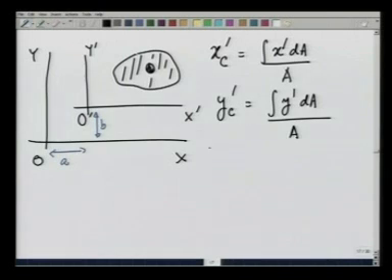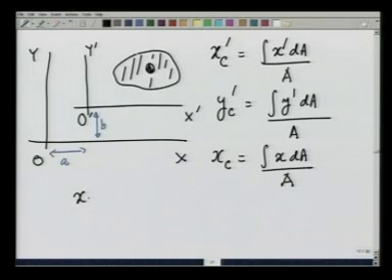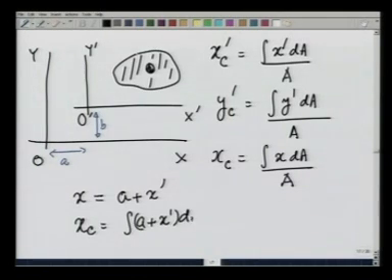Now, let us calculate xc, which is equal to the integral of x dA over the area, but I know that x equals a plus x prime. Therefore, xc is going to be equal to the integral of (a plus x prime) dA over the area. In the integral, a comes out and the integral of dA is the total area.